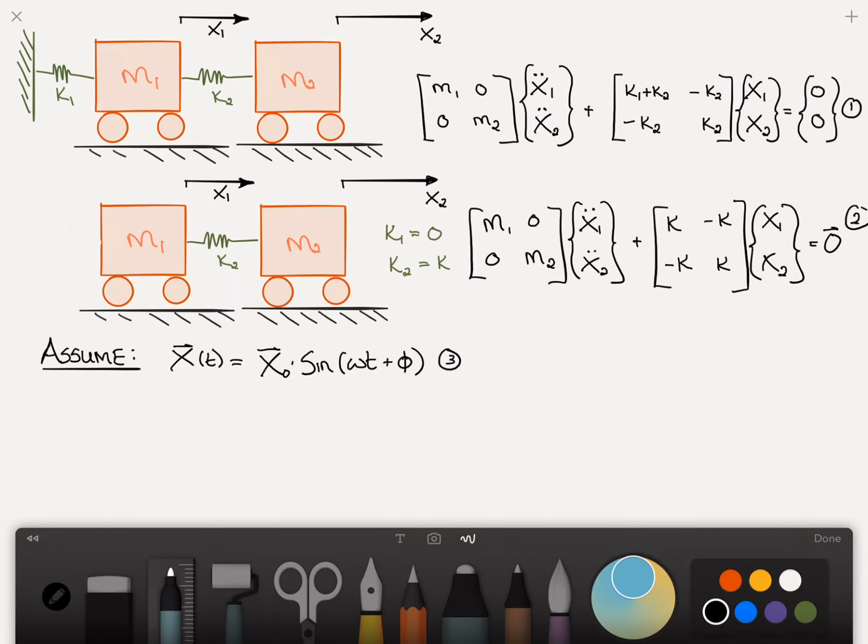We call this number 3. Therefore, taking the second derivative of this, exactly as we've done before, x double dot of t is equal to minus omega squared times x of t. Call that number 4.